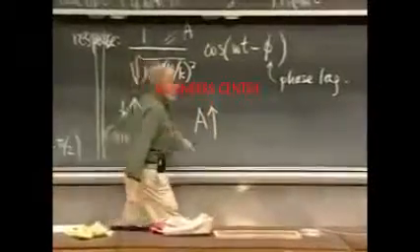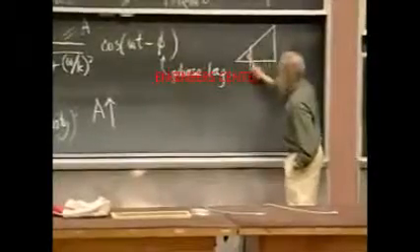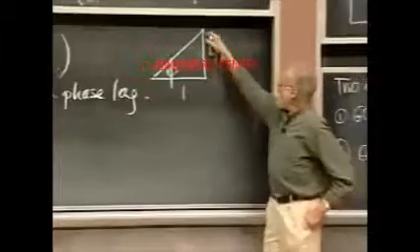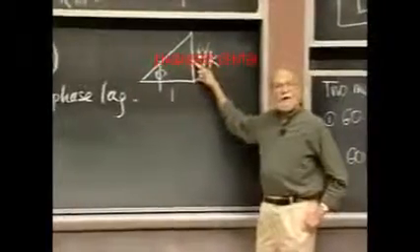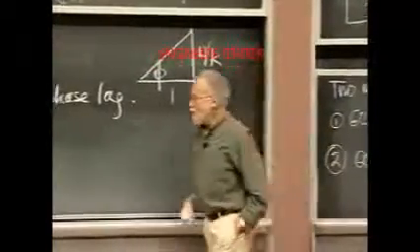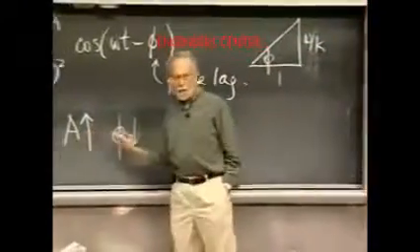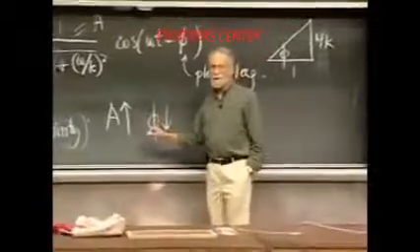What's happening to the phase lag? Well, the phase lag looks like this: phi is the arctangent of omega over k. If k is going up, then the size of this side is going down, and the angle is going down. Now that part is intuitive. I would have expected everybody to get that.